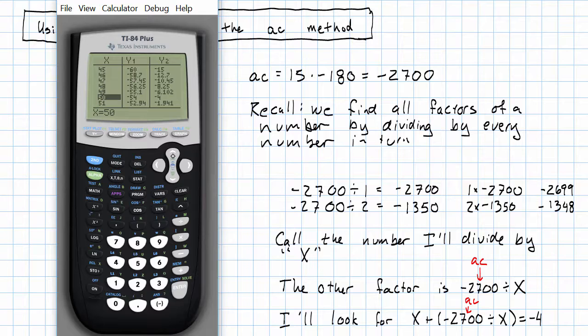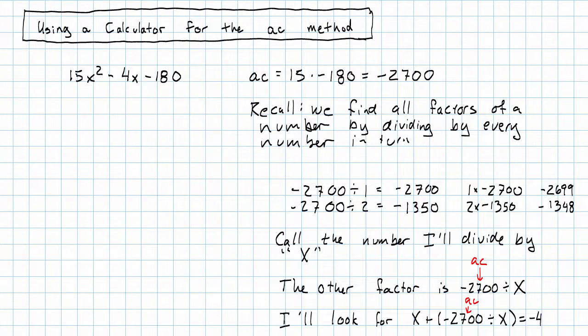My two factors are negative 54 and positive 50. I find that 50 times negative 54 is negative 2,700, and 50 plus negative 54 is negative 4.